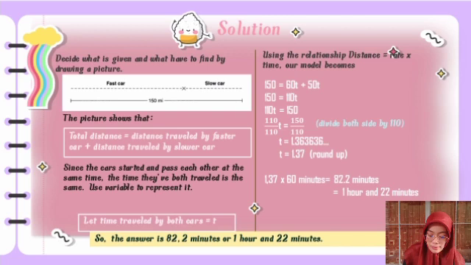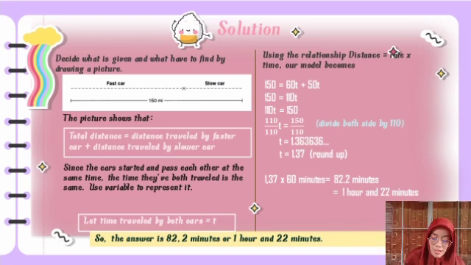Divide both sides by 110. 110t divided by 110 equals 150 divided by 110.